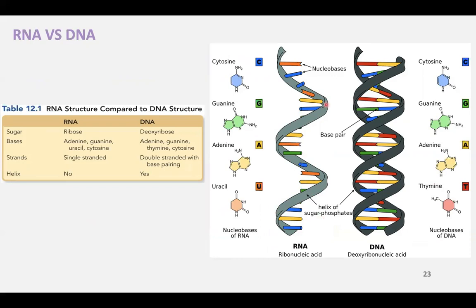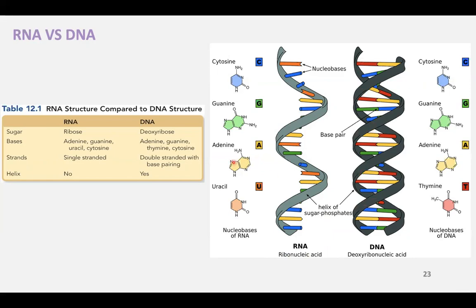Okay, what are the main differences between RNA versus DNA? So if you look here, what is the main difference? The structure. This is RNA and this is DNA. What can you see? It is not a double helix. Yes, helix, correct. RNA is just single. Okay, RNA is single stranded and it is not in a helix shape. Okay, this DNA is double stranded and yes, it is in a helix shape.